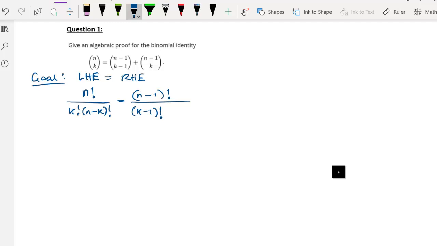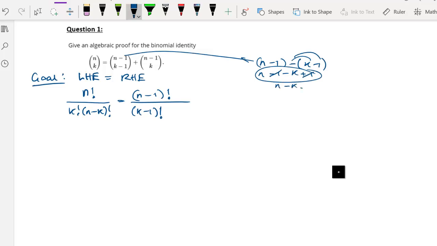And if we think about what n take 1 take away k take 1 is equal to, then we end up with n take 1 take k plus 1. So we expand that negative 1 out. And that works out to be, because the negative 1 and the plus 1 cancel, just n take k. So this is n take k factorial. And then we have n take 1 factorial. And on the bottom we'll have k factorial.